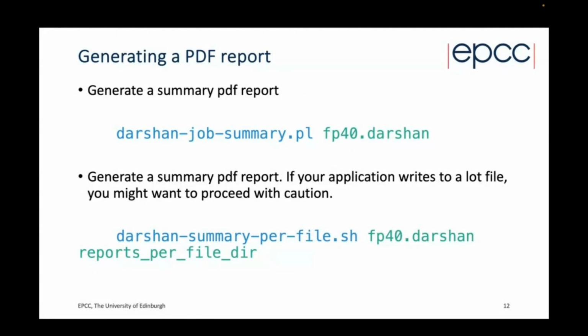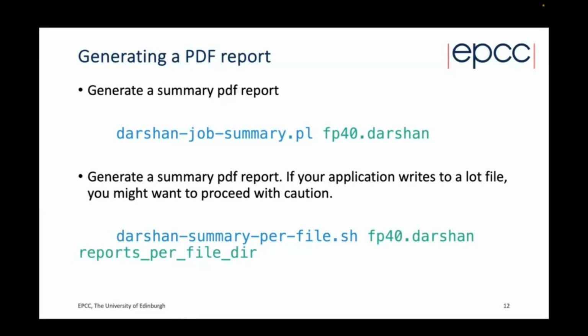This is just a binary file, so you can't easily read it. You need to generate some kind of report, which can be read by a human. The quickest thing to do is to generate a visual PDF report, which you can do with a Darshan job summary script.